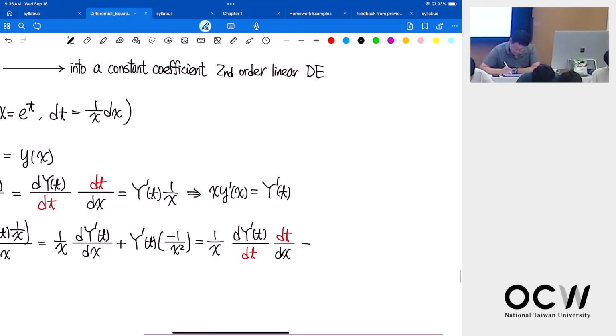Then keep the second term, minus 1 over x squared times y prime of t.